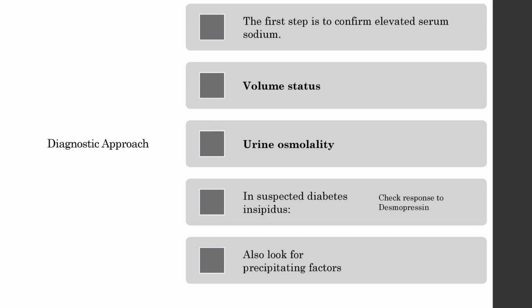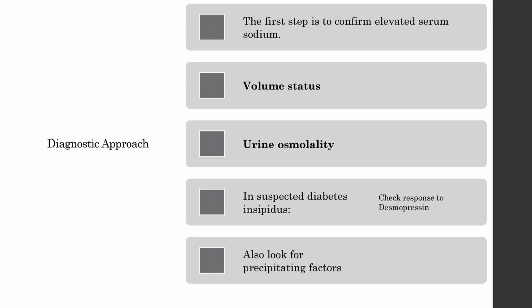Urine osmolality greater than 800 milliosmol per kg suggests appropriate renal conservation of water and points toward extrarenal losses. Urine osmolality less than 300 milliosmol per kg indicates an inability to concentrate urine and raises suspicion for diabetes insipidus.